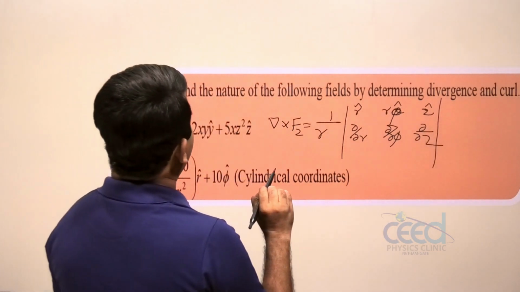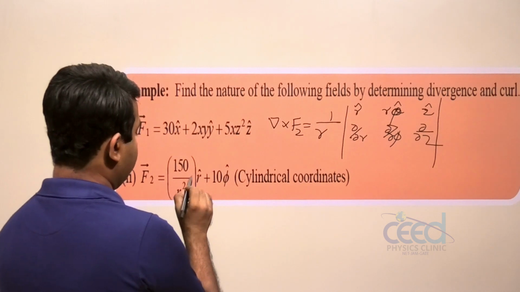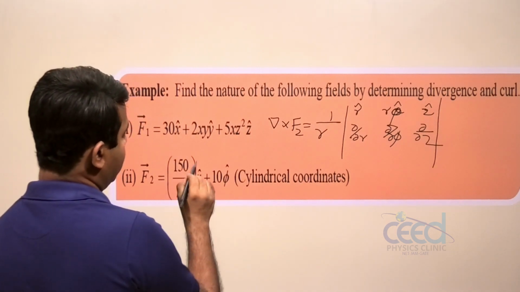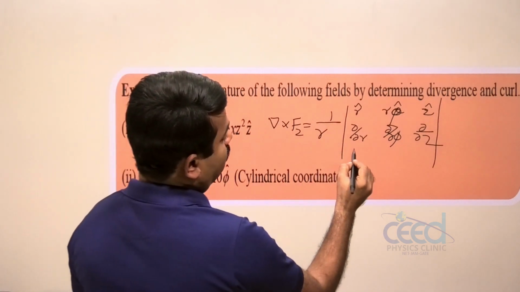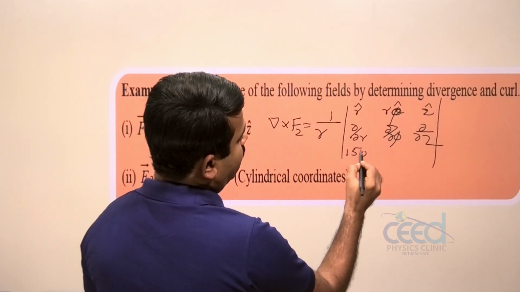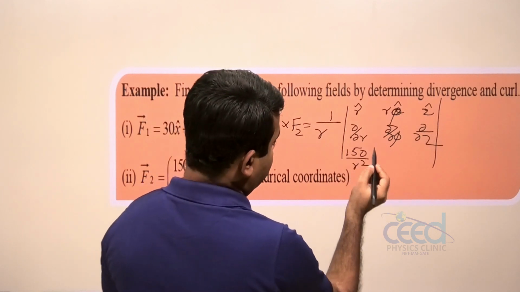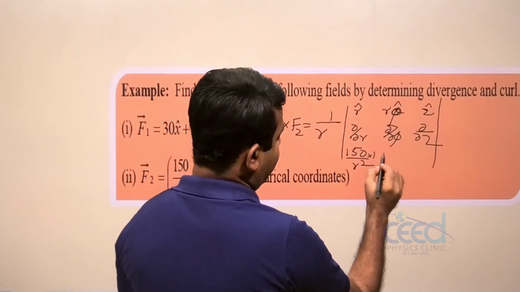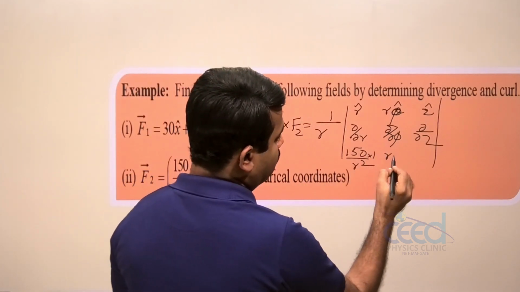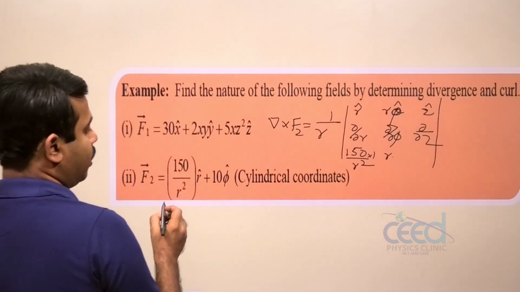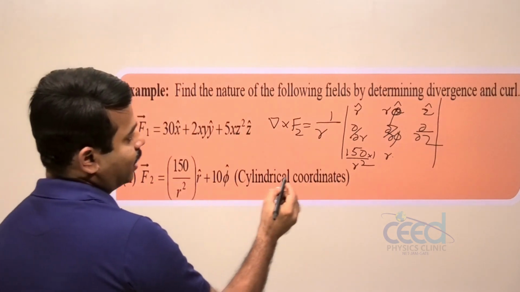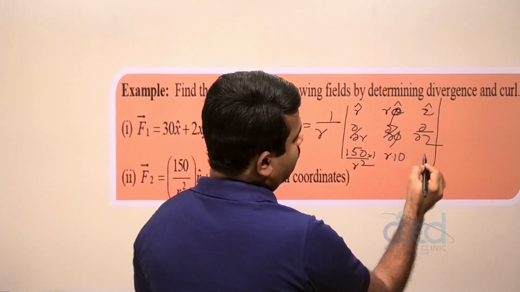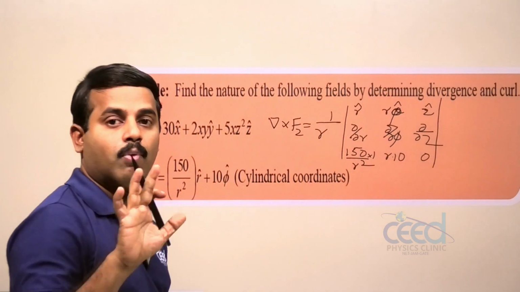Now what is Vr? The Vr component is 150 by r square, and H1 is 1, and H2 is r. What is the phi cap component? The phi cap component is 10, so 10r, and here 0, because the z component is not there.